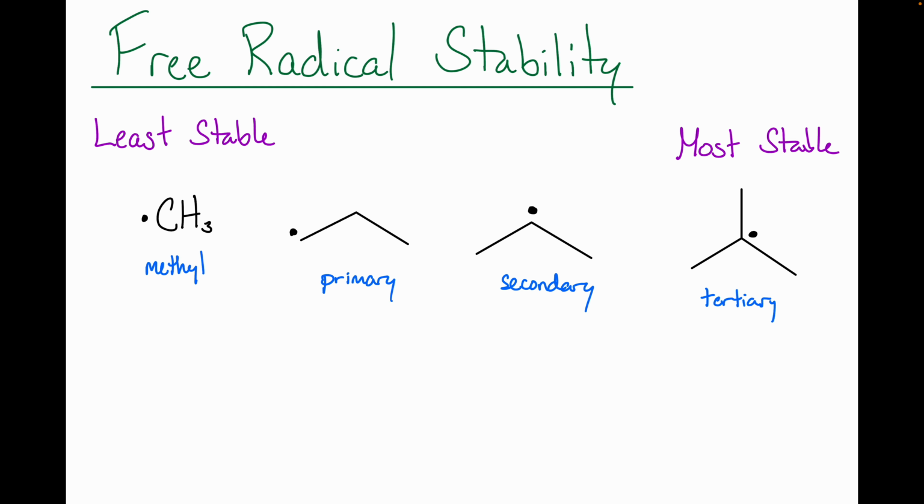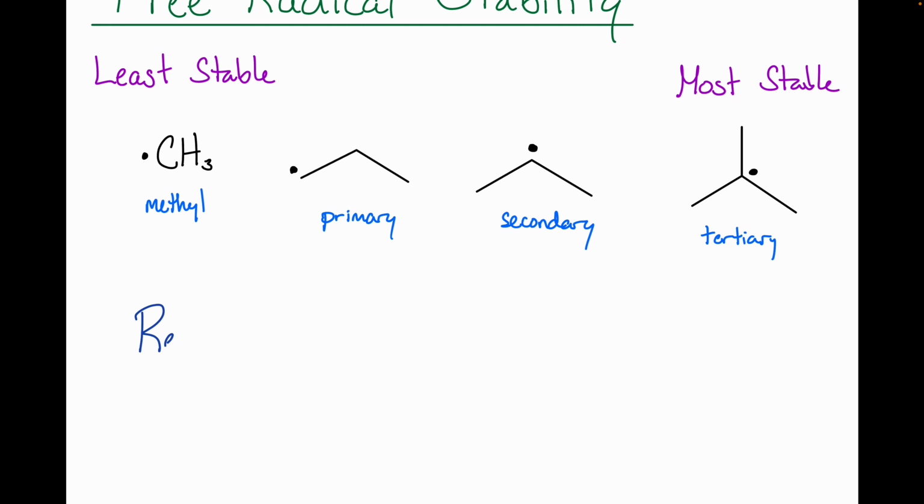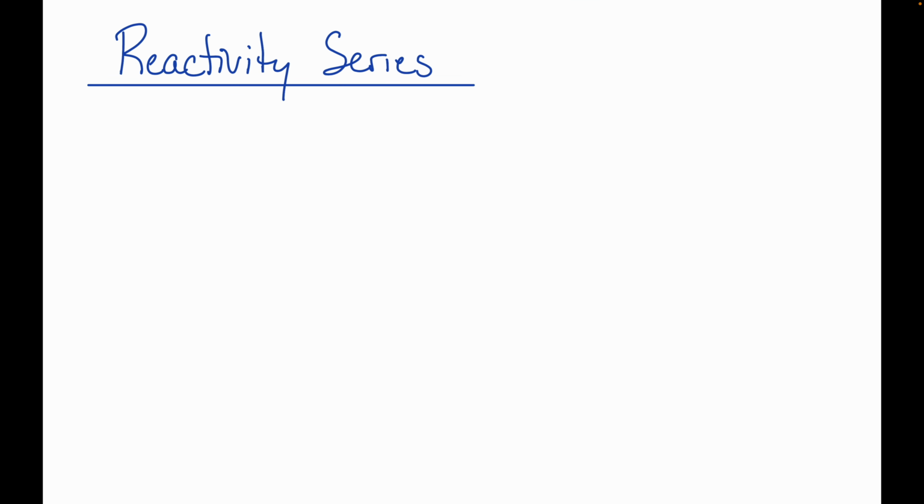All right, but it turns out to be a little bit more complicated of a picture than that. And in order to better explain this, in order to predict our products here, we're going to have to look at what we call a reactivity series. All right, so what we're going to do is make a chart here where we have degree of substitution.